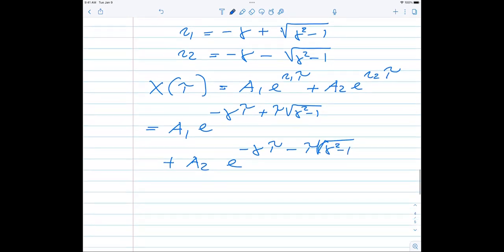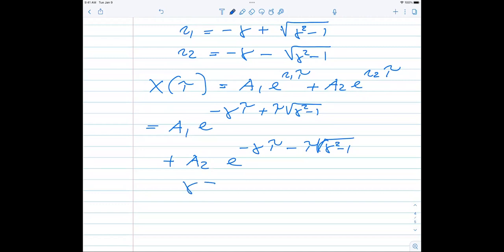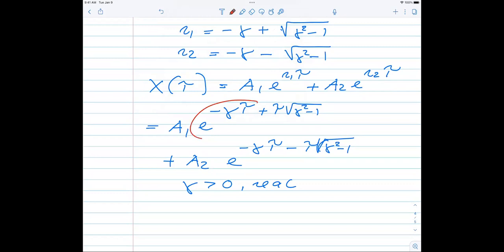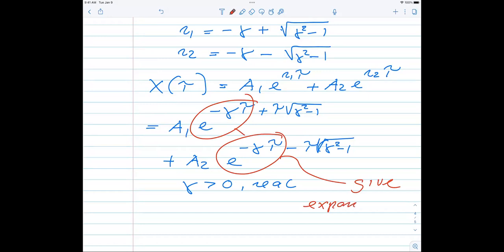And if you now look closer, gamma is a parameter which is larger than 0, and it's a real parameter. So this term here, and this term here, if you now mark them, give the exponential decay. These two terms give the exponential decay.